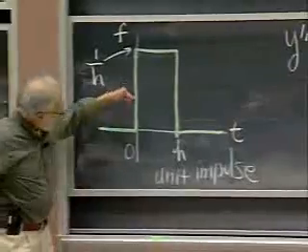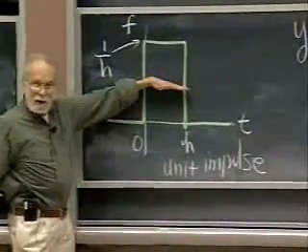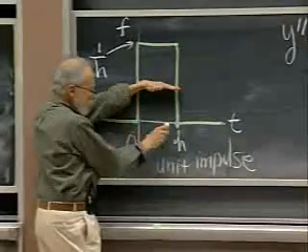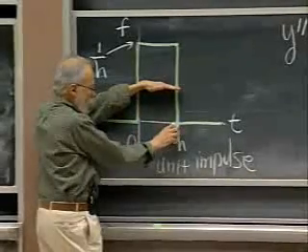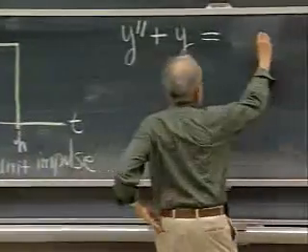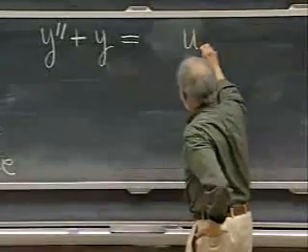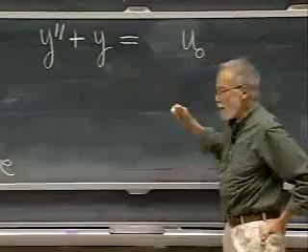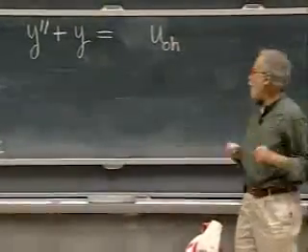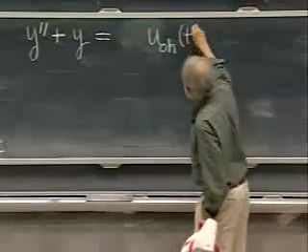Remember, I called the unit box function the thing which was 1 between 0 and h, and 0 everywhere else. The notation we used for that was u, with a double subscript for the starting point and the finishing point. So u of t.